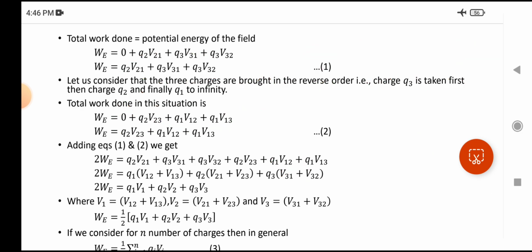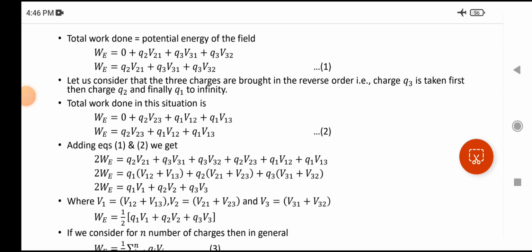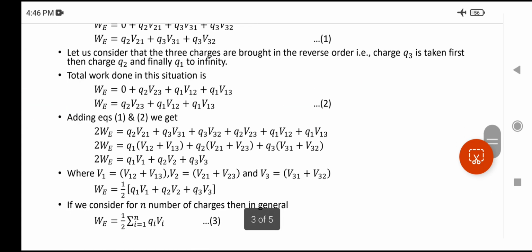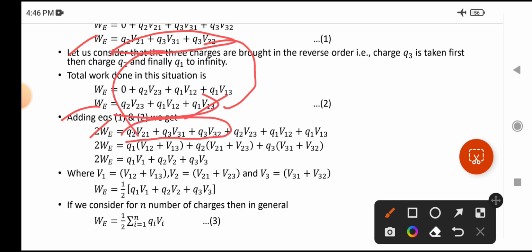Okay. Now let us write the second one in this manner and make it equation 2. Add equations 1 and 2. After adding, W plus W becomes 2W, and on this side these two we add. This is written here, and this is written here.